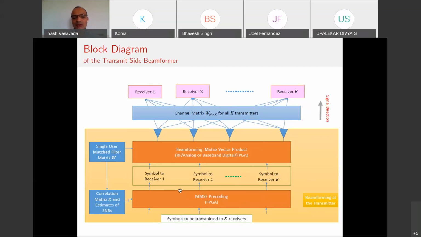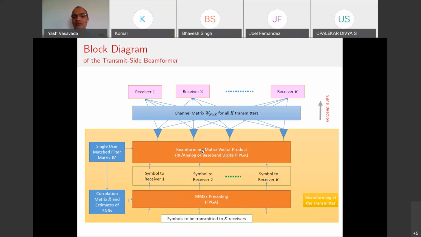One possibility is that we don't do this MMSE or decorrelation at all. We close our eyes to the fact that this correlation matrix R is not the identity matrix, and we just assume that it is the identity matrix.